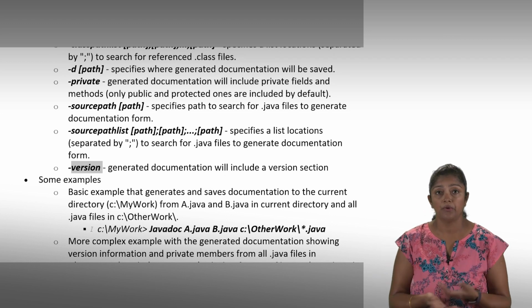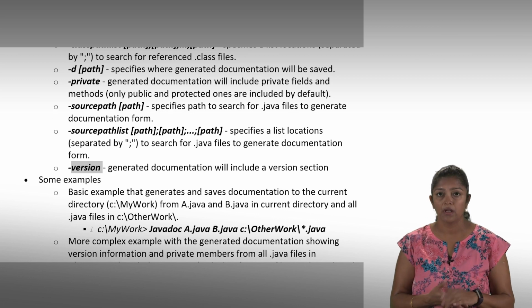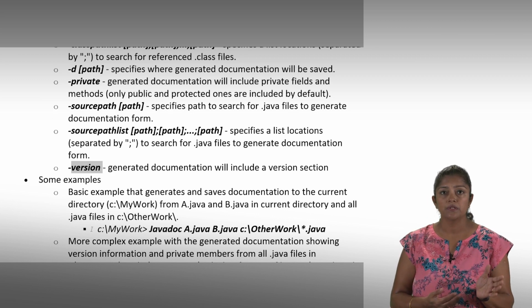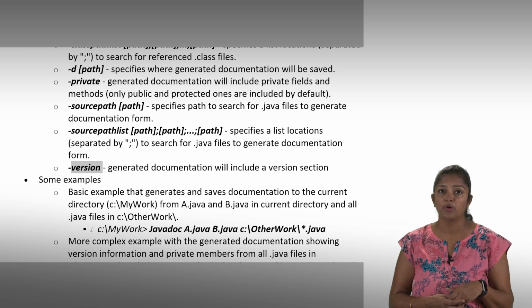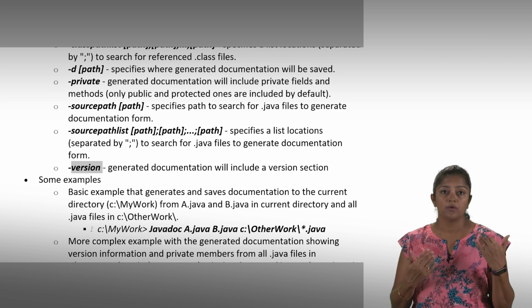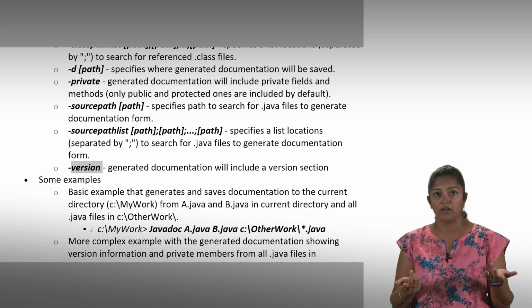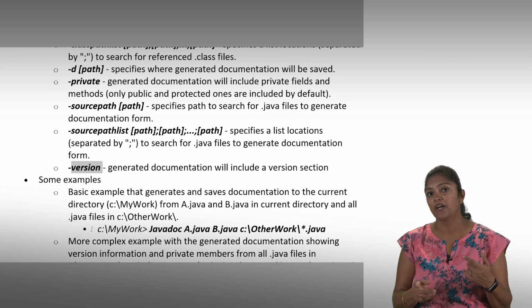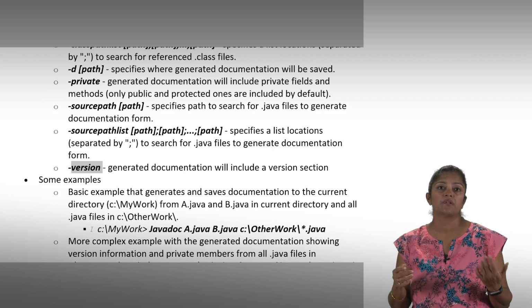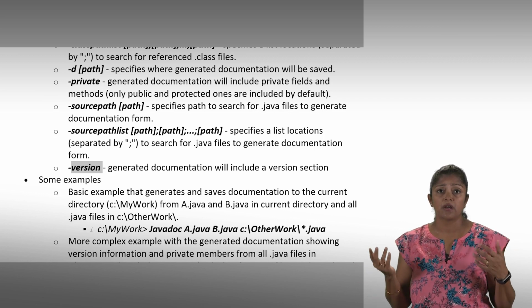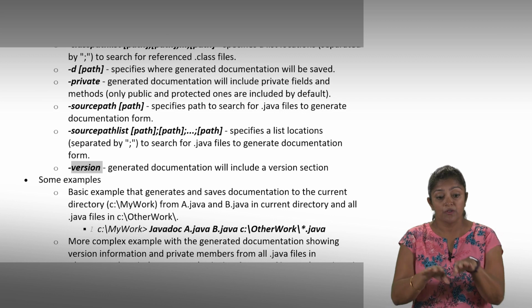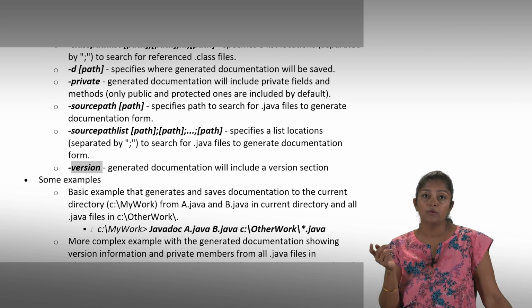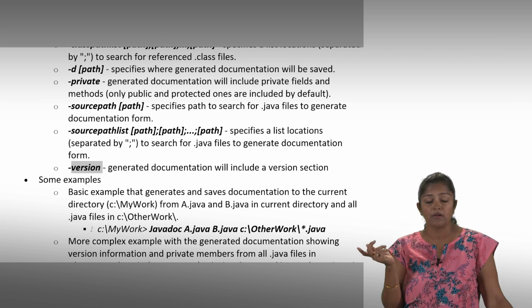So this is when you run the command from the command line. You can also generate this documentation from the IDE, and it's much easier to do that. If you were to do it through Eclipse, you would go to File and there's an Export option. You select whichever Java file it is, use the export option on it, and then you can generate the HTML documentation. Before it generates the documentation, it will show you a form with all of these different options. Do you want to include the private methods and variables?